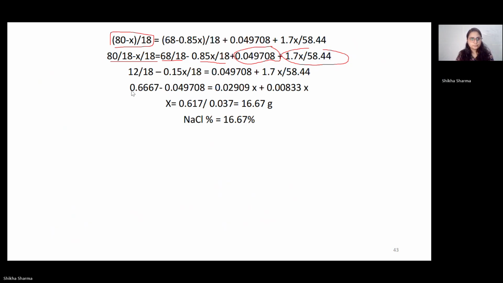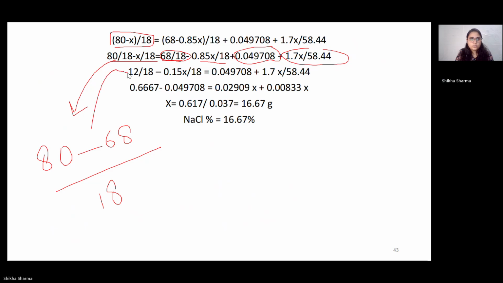So from here what we are doing, we are taking the term 68 by 18, so 80 minus 68 divided by 18, it would be 12 divided by 18, minus x by 18, which is this term.